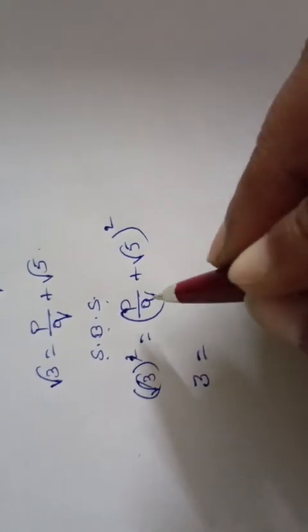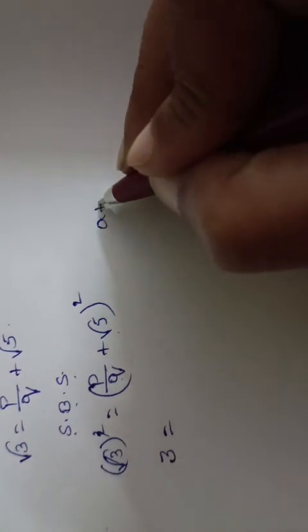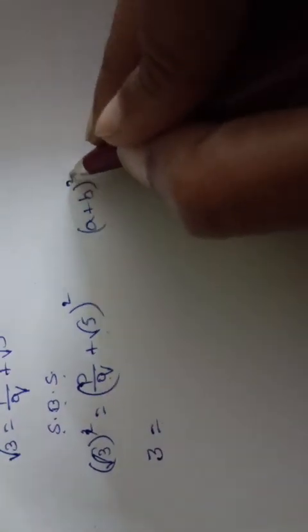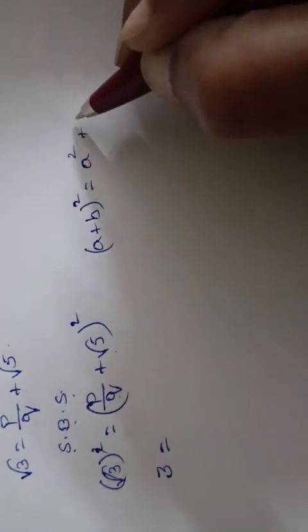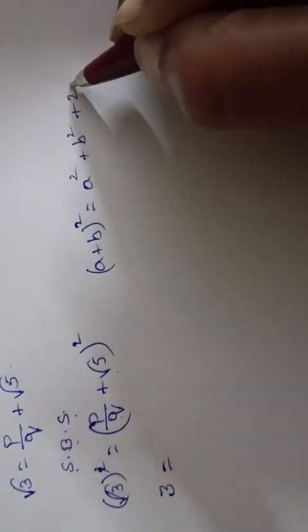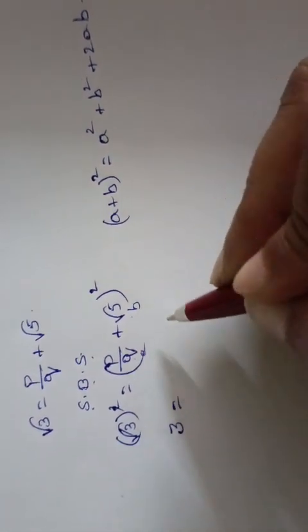So 3 is equal to, this is in the form of a plus b whole square, which can be written as a square plus b square plus 2ab. So here this is our a and this is your b.